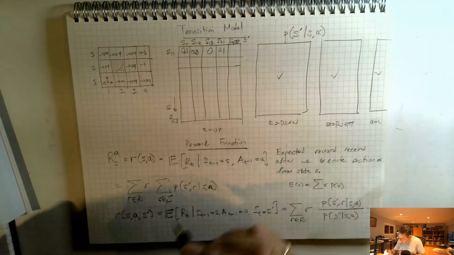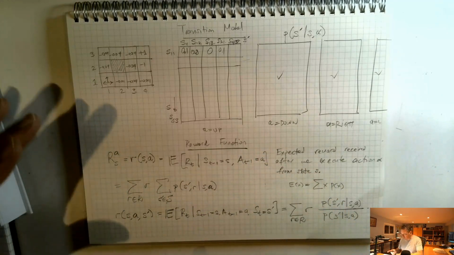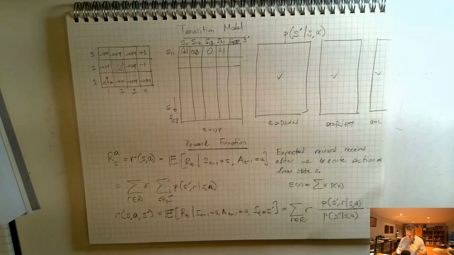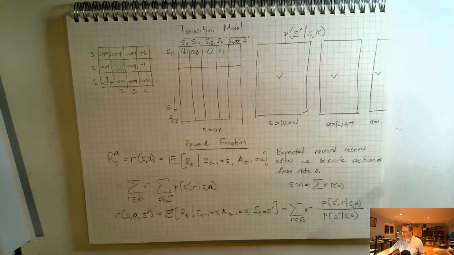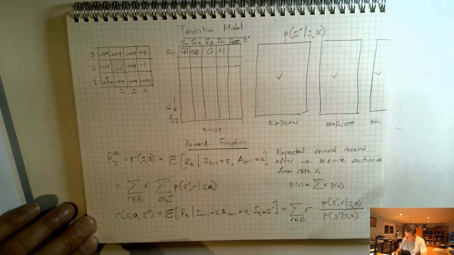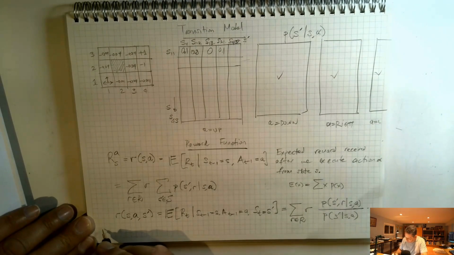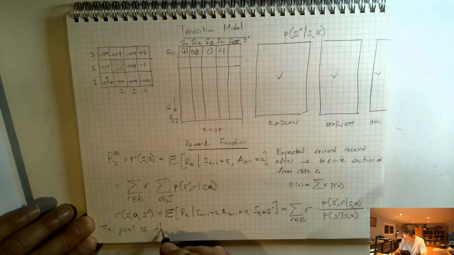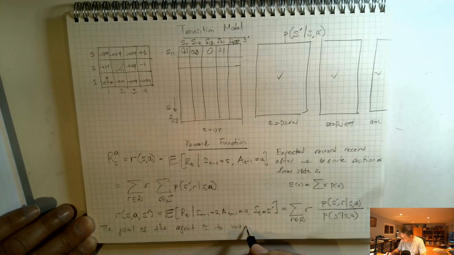So we have two reward functions. One, or the other, is going to be used for defining, if you like, what is happening in terms of the solution that we are going to come after. All right, so now that we talk about rewards, we can actually write that the goal of the agent is to maximize.